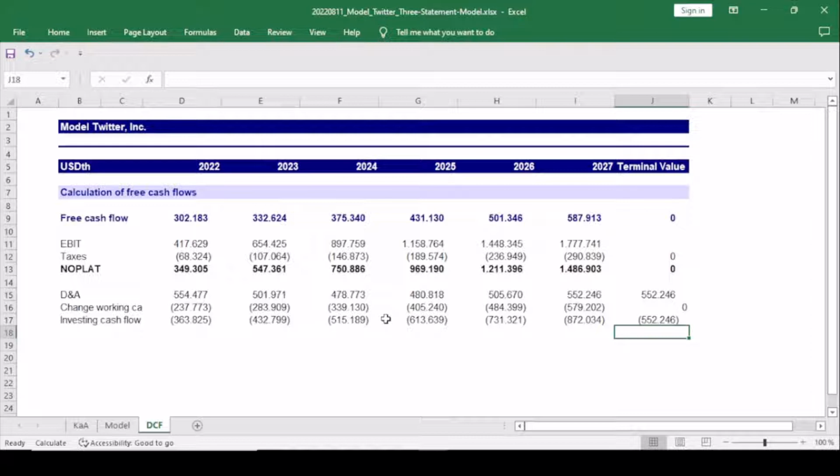This is also the fact for, as I mentioned, working capital, which should be optimized in a sense that no change at all affects free cash flow. So after having calculated our free cash flows, we now build or define WACC and define further assumptions for our terminal value calculation.